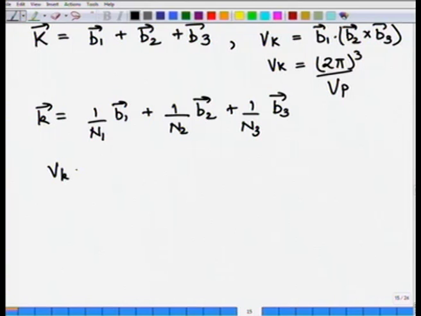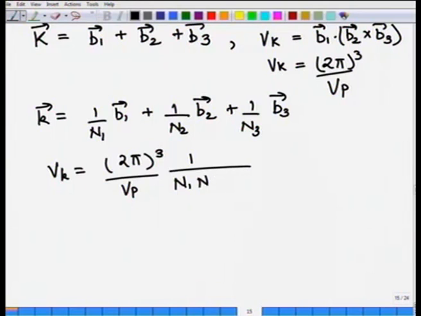One k state occupies this small k volume, which will simply be, if I substitute, instead of B1 I will substitute B1 by n1, instead of B2, B2 by n2, and B3 by n3. If I do that substitution, then I will get 2 pi whole cube divided by V_p, divided by n1 n2 n3, which is equal to 2 pi whole cube by V_p times 1 by n.